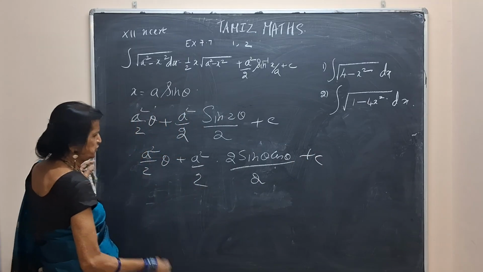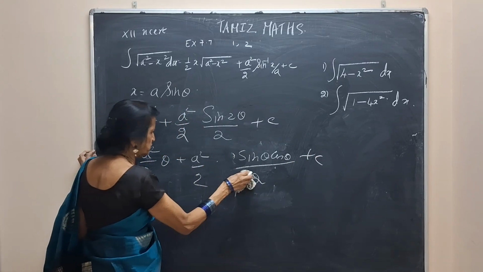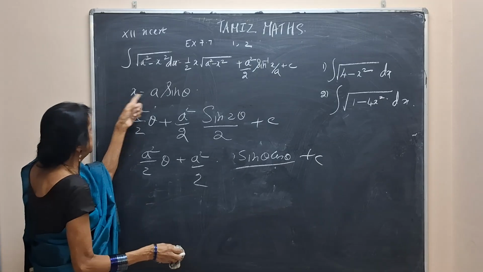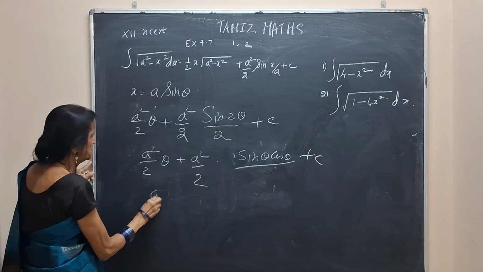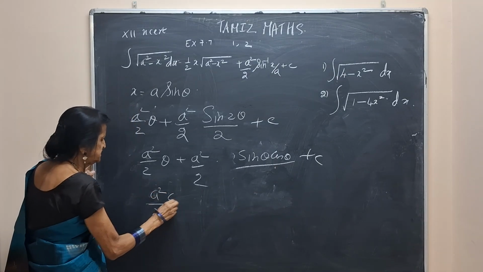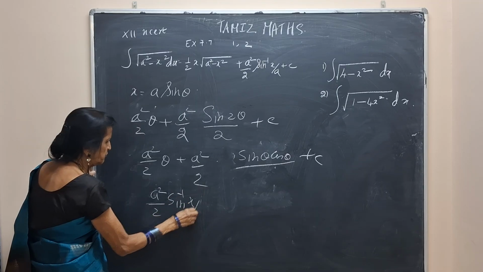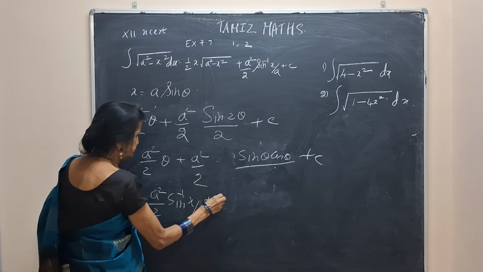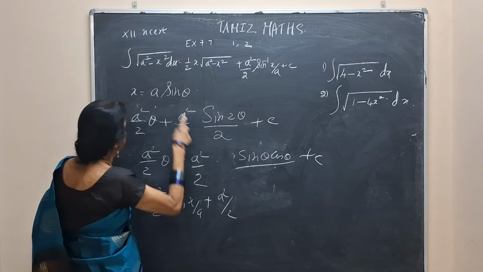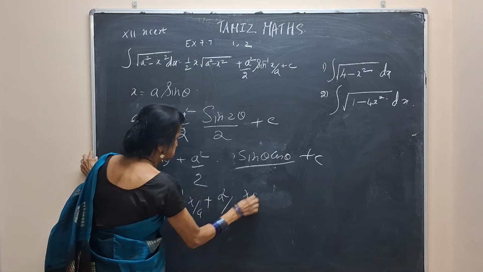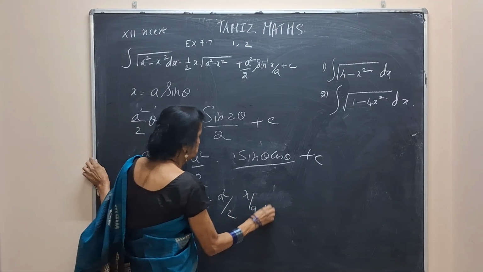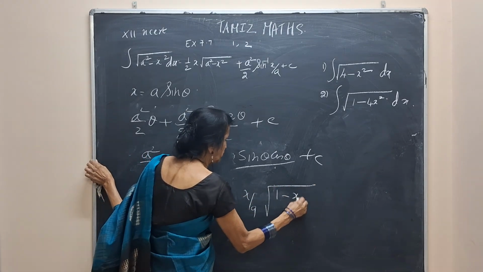In the next step you will find this 2 and 2 get cancelled. Now sin theta is x by a, so theta will be sine inverse x by a, plus a square by 2 times sin theta, x by a, times cos theta, root of 1 minus sin square theta.